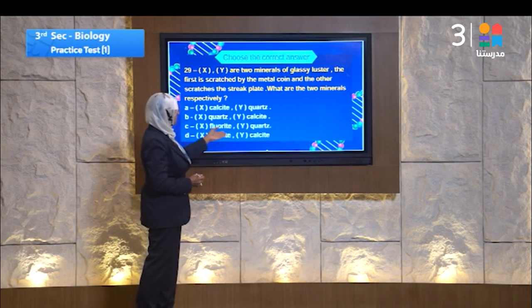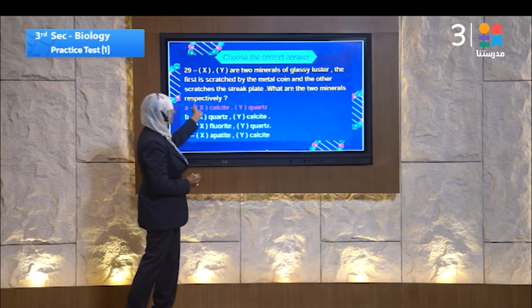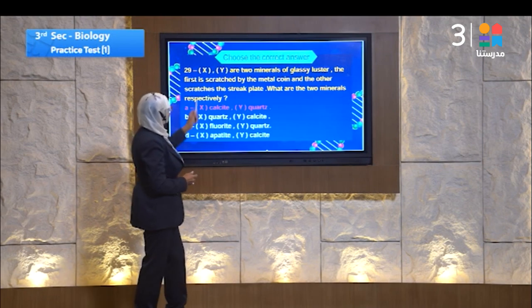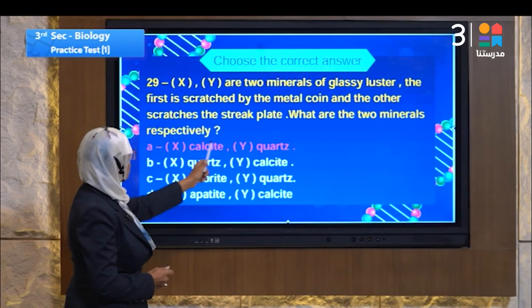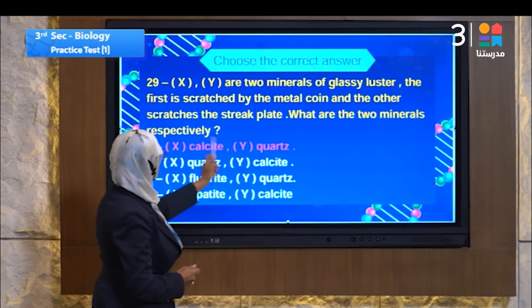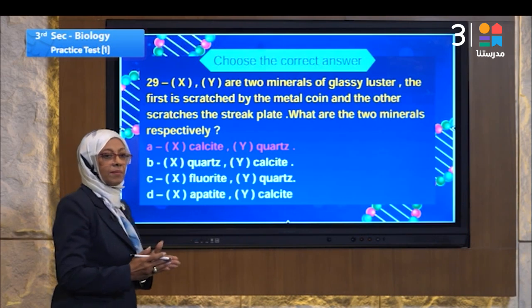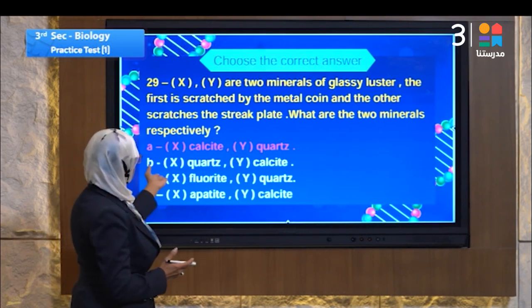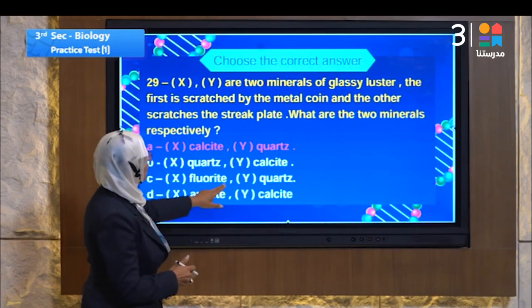Fluorite X, quartz Y; apatite X, calcite Y. The answer must be calcite X and quartz Y. X calcite is scratched by a metal coin, and Y quartz is scratched by a strike plate. Here he compared the two minerals by scratching. Which of them is more scratched?